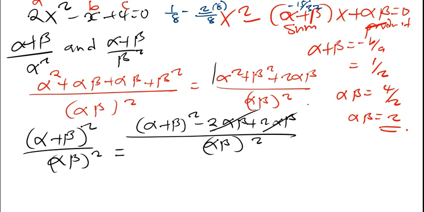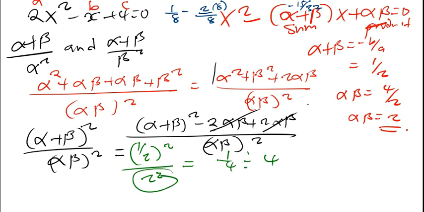We can plug in the values. Alpha plus beta is 1 over 2 raised to the power 2. Alpha times beta is 2 raised to the power 2. 1 over 4 divided by 4, because this is 4. 1 over 4 times 1 over 4, so it's 1 over 16. This is now the product.